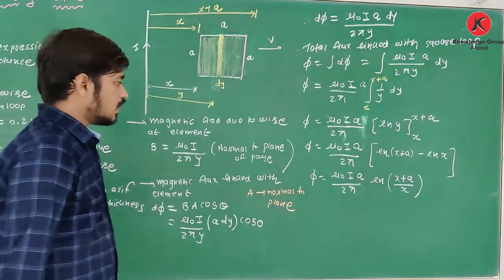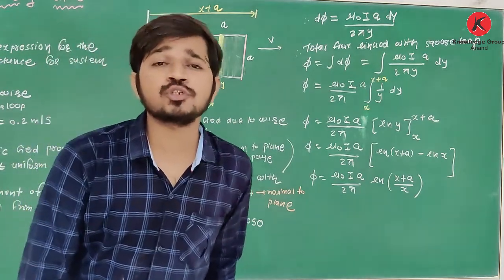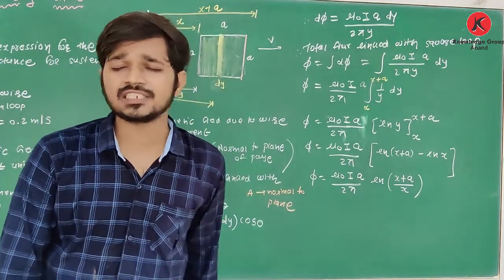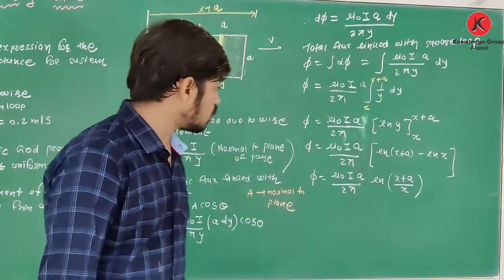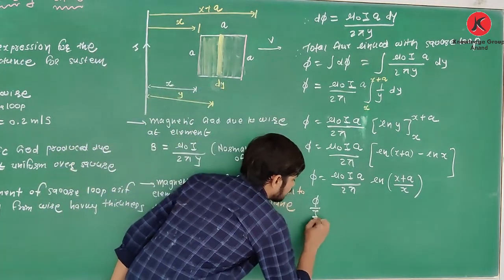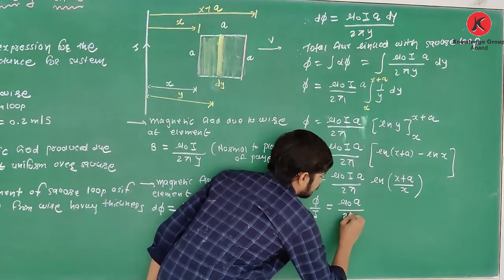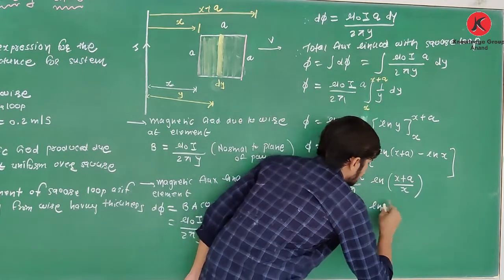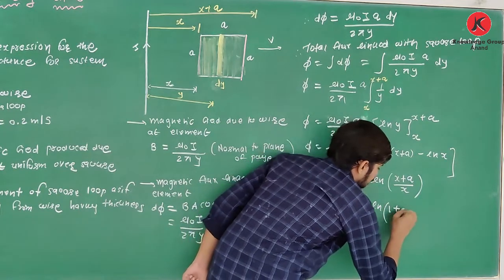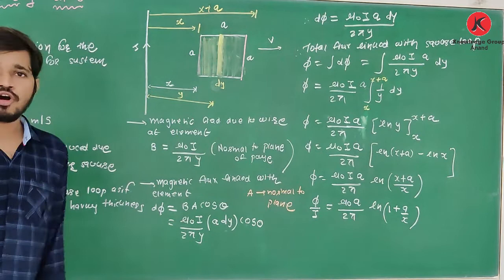Clear about this? Yes, I have to find the mutual inductance. How to find mutual inductance? Inductance means flux upon current. So if it is phi and we bring I to this side, then phi upon I is equal to mu 0 a upon 2 pi ln of (x plus a) upon x, which is 1 plus a upon x.